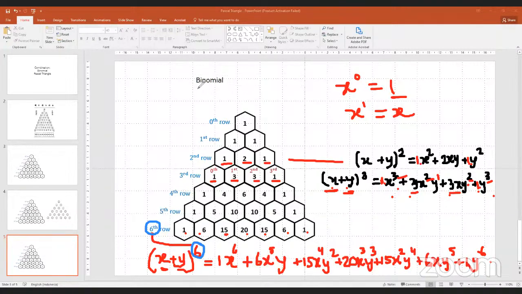Yeah, so this binomial, this bi is because x plus 1 has two terms. If there are many terms, what do you call it?